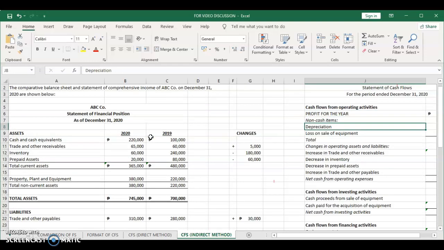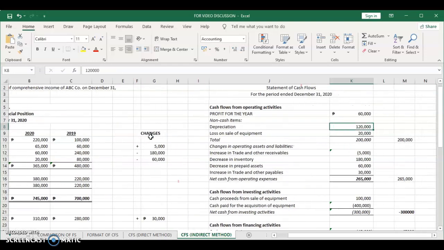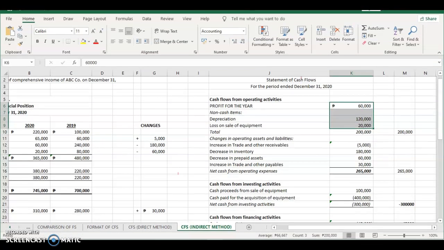Okay, so add back natin si depreciation and then the loss on equipment, which is dinededuct sa comprehensive income. And then we will total everything. So, pag tinotal natin sila, itong tatlo, ayan, class, ito yung sum niya.